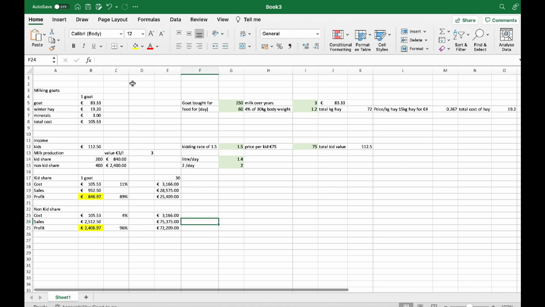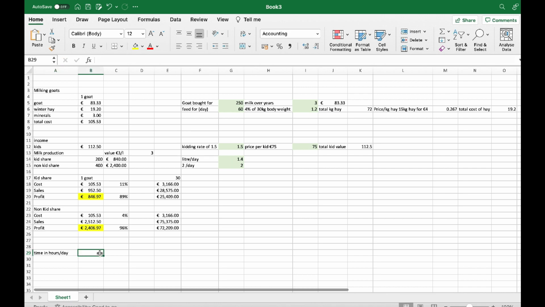And now I've got my spreadsheet here, and it's made once. It's all you got to do. And it's great now, because I can take this sheet and then I can go and look at another enterprise I'm thinking of doing. Maybe it's forest raised pigs, and I can look at the time input. If we look at this, what did I say? I was going to do 1.5 time in hours per day.